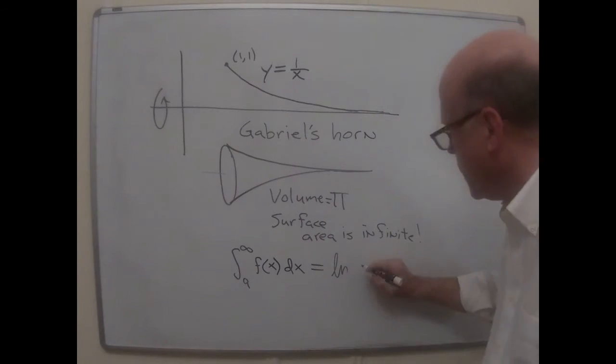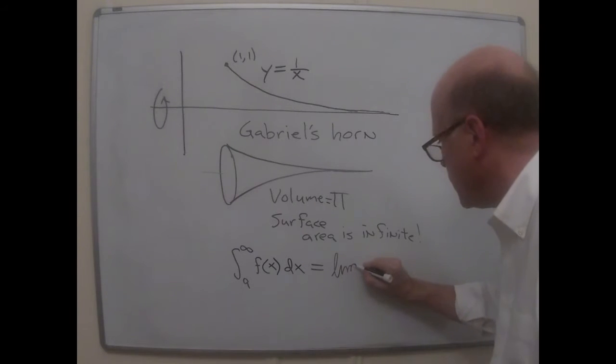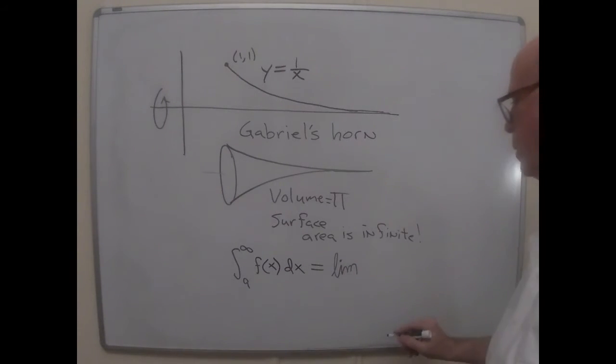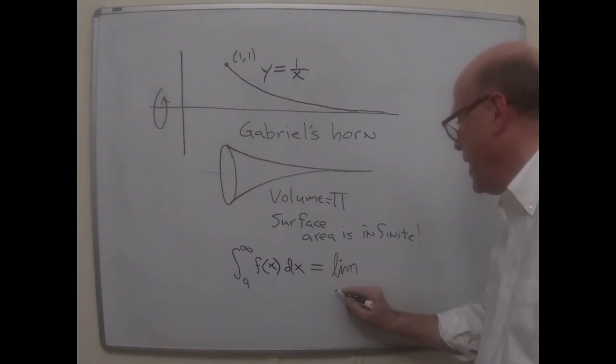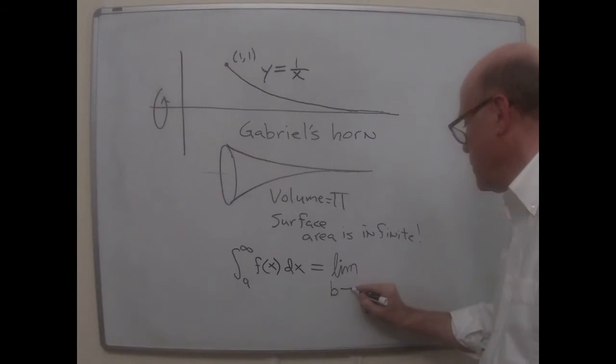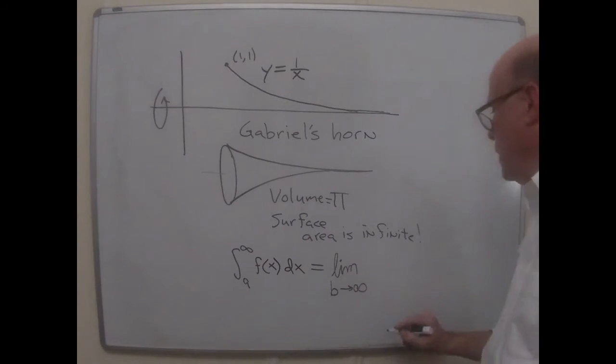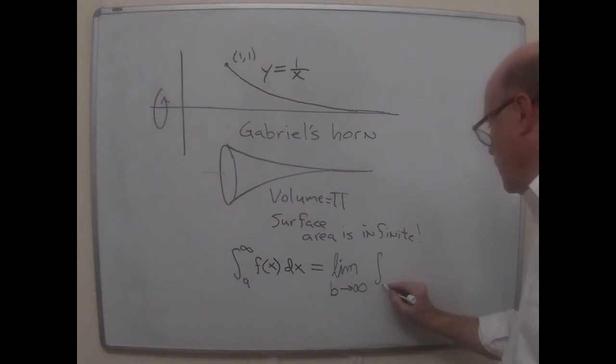I always have a hard time getting the correct number of humps on my m's when writing the word lim. Anyway, it's the limit as b goes to infinity of the integral from a to b of f of x dx.